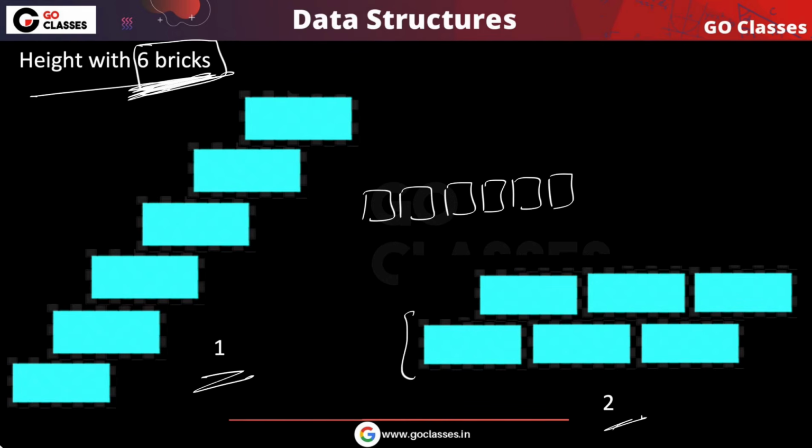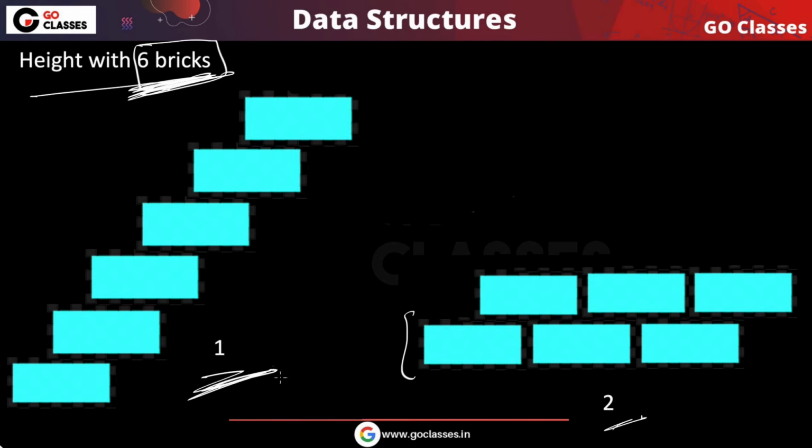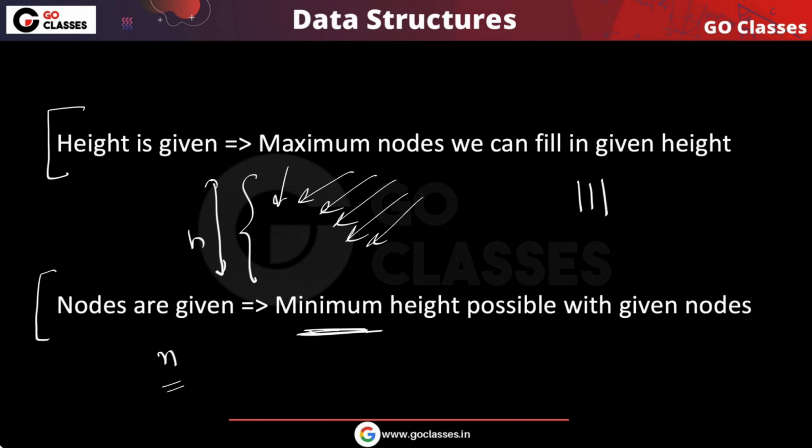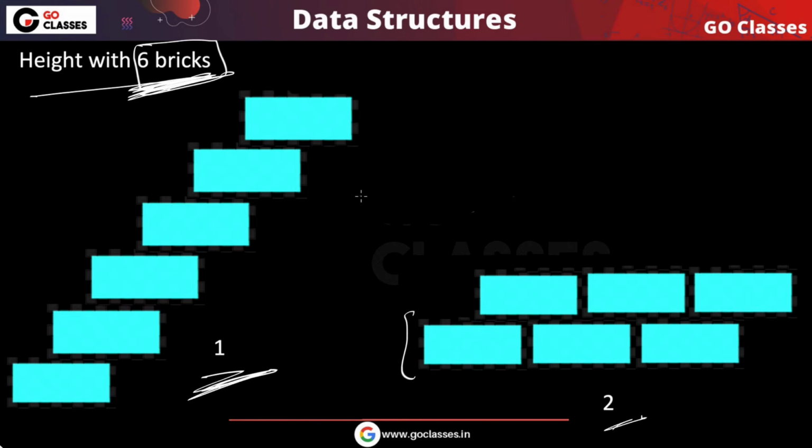So suppose I can only put at max 3 bricks. Then where will you be going? You will go with this option with the minimum height. They are asking for the minimum height. The number of bricks is fixed to be 6. Then how will you arrange your bricks? Either like this or like this. Obviously, you will arrange like this because you want the minimum height possible.